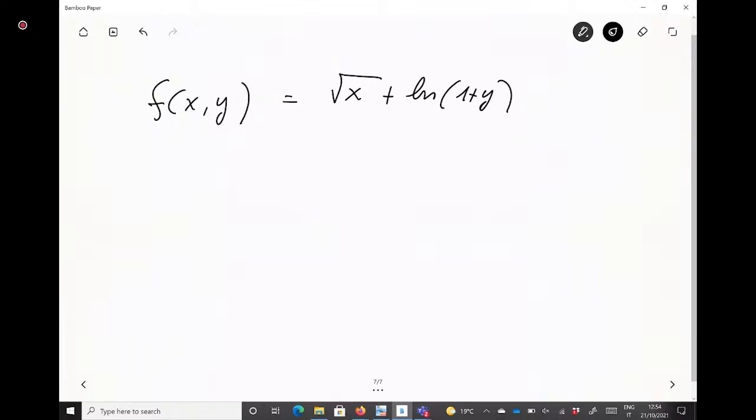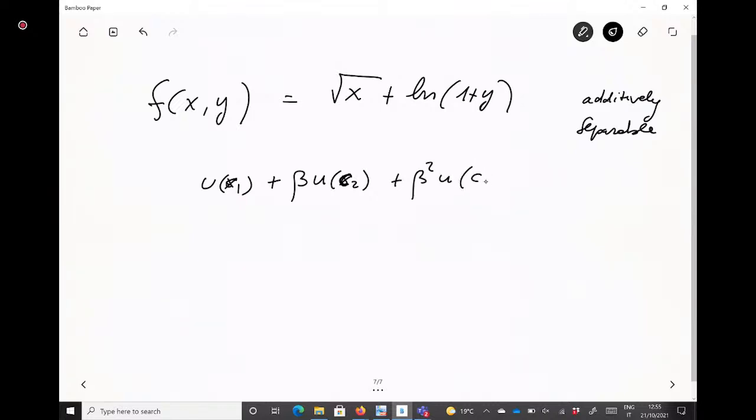Okay? For instance, in some cases, there are models in macroeconomics in which you have a function like this: u of c1 plus beta u of c2 plus beta squared u of c3 plus beta to the power of n u of cn.